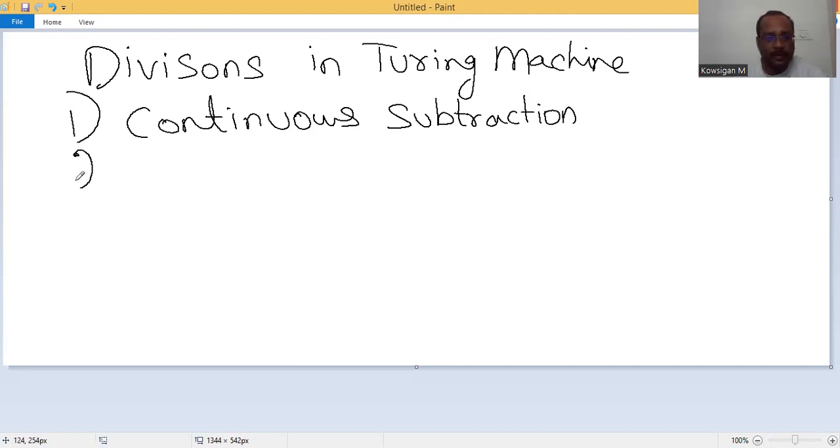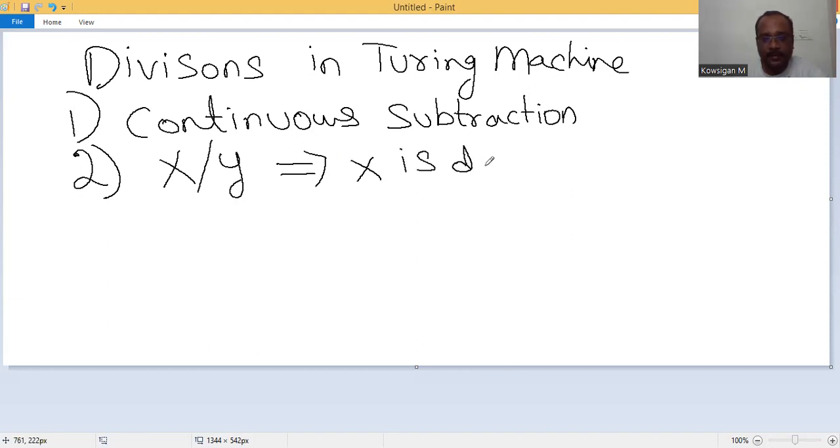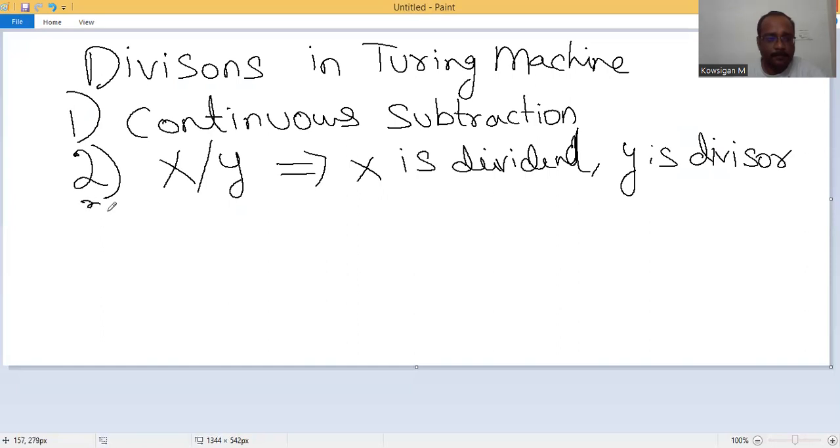So if you want to perform x divided by y, x is called the dividend and y is called the divisor. In order to perform the division in Turing machine, both x and y should be unary numbers.